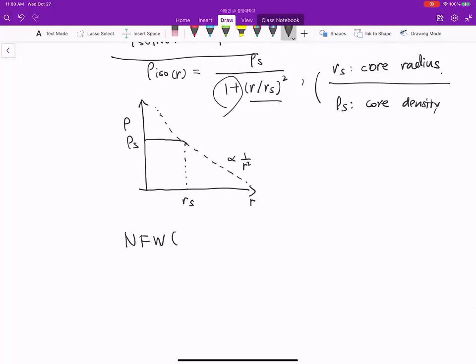And then there's another interesting profile, the Navarro-Frenk-White. Before going to this one, when R is much smaller than the core radius, as I said, the dark matter density becomes constant. So we call this a core.